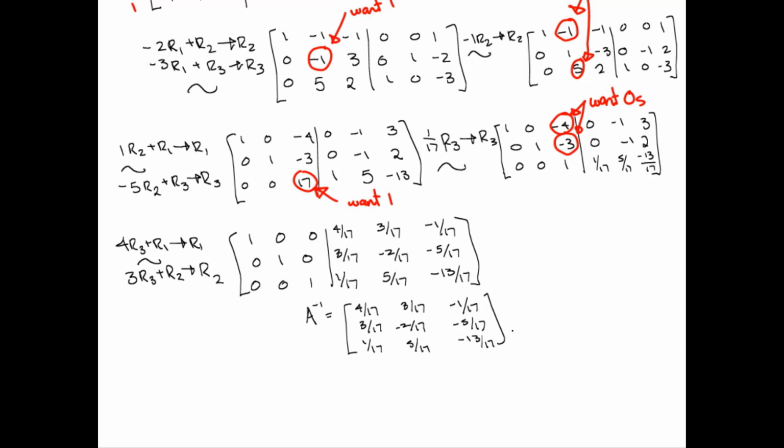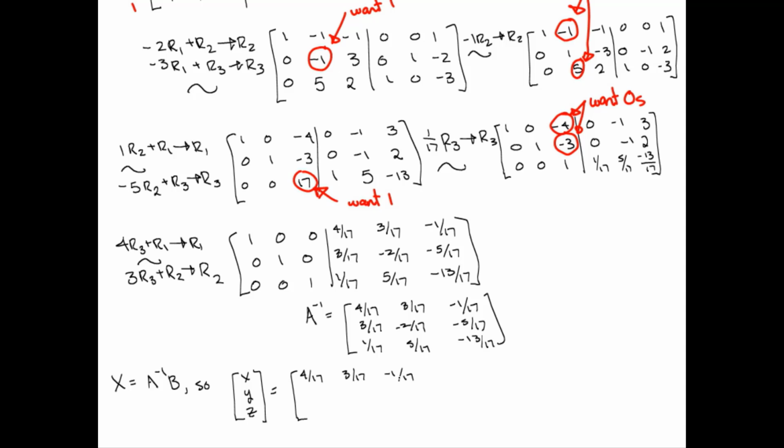And now, since we have x is equal to A inverse B as our general approach, I end up with this: x, y, z, here's my x, is going to be equal to that A inverse.